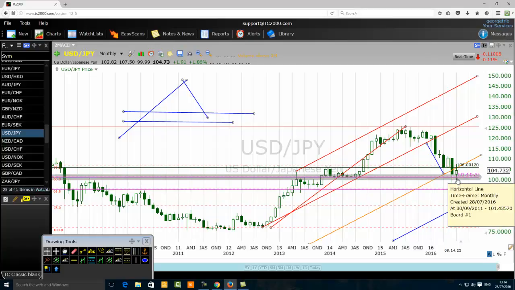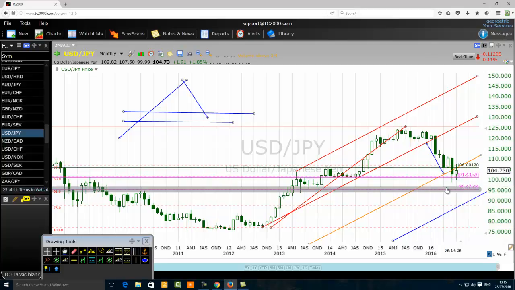The 50% Fibonacci retracement level for the dollar yen is at 101.43. The 61.8% Fibonacci retracement level is at 95.47. Those two lines are highlighting the sweet spot trading zone.